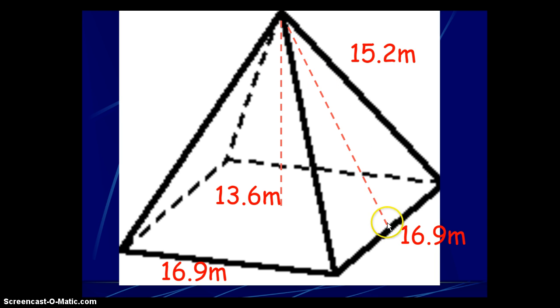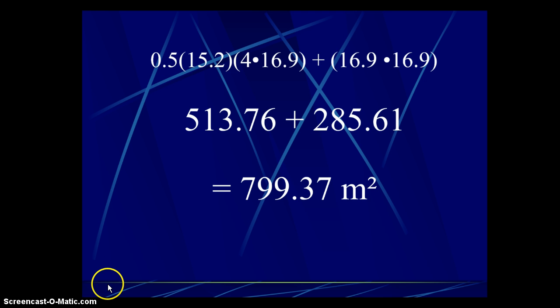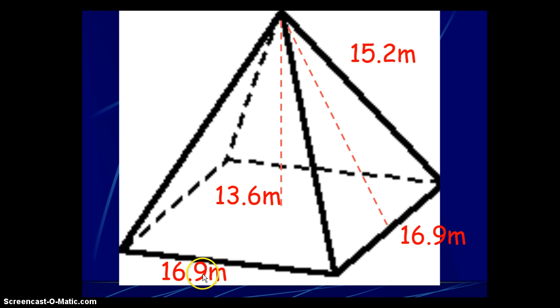So highlight this measure and draw a little arrow to 15.2 so you know that's what you need. And then I want you to highlight the outline of the square at the bottom. And then if you want to highlight 16.9 on both of those sides, you may do that as well.